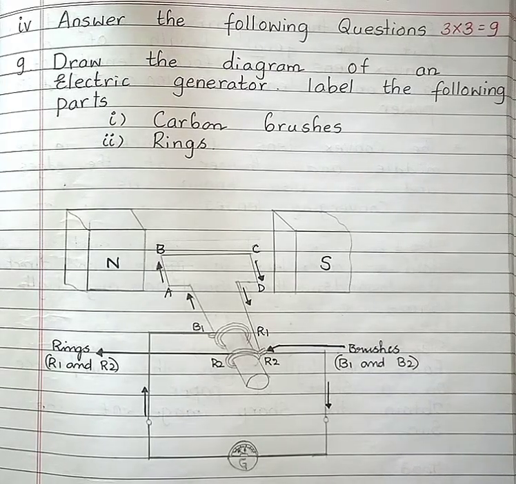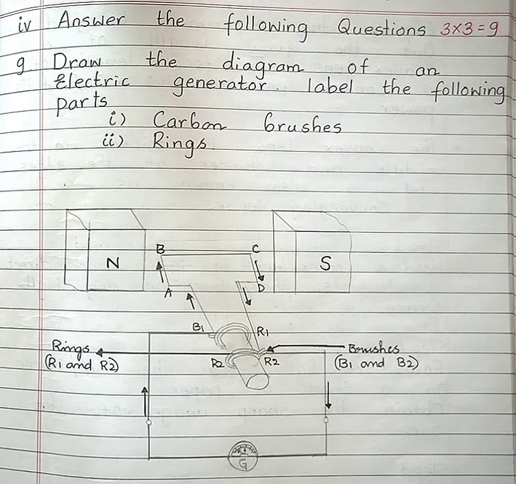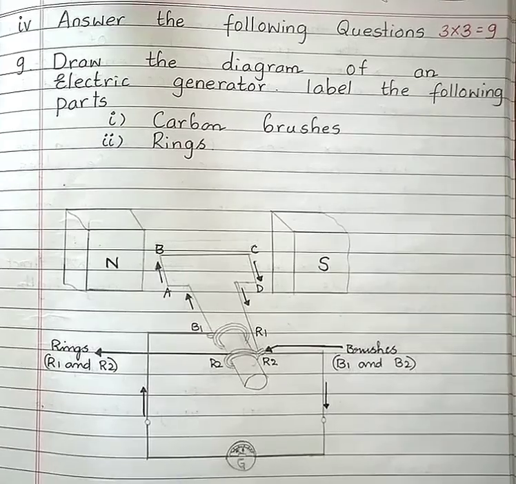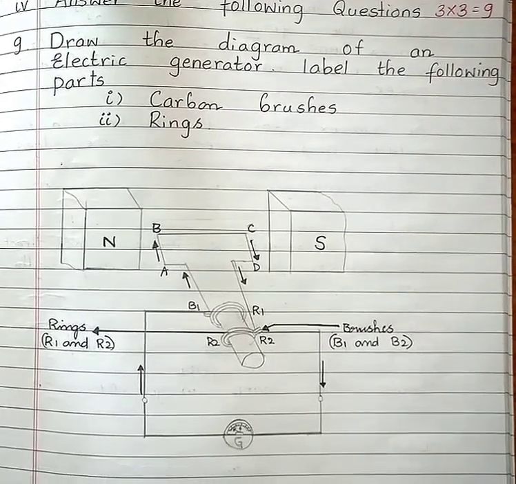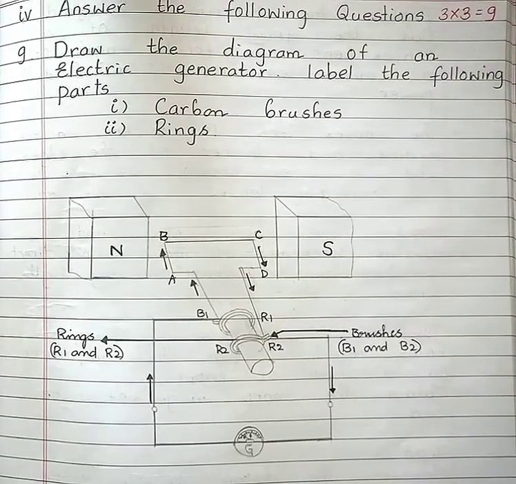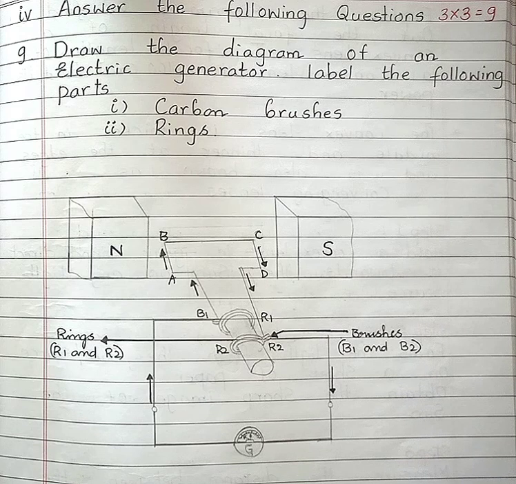In case 2, V equals I into R equals 1.5 into 60 equals 90 volts. In case 3, I equals V divided by R equals 60 divided by 60 equals 1 ampere.